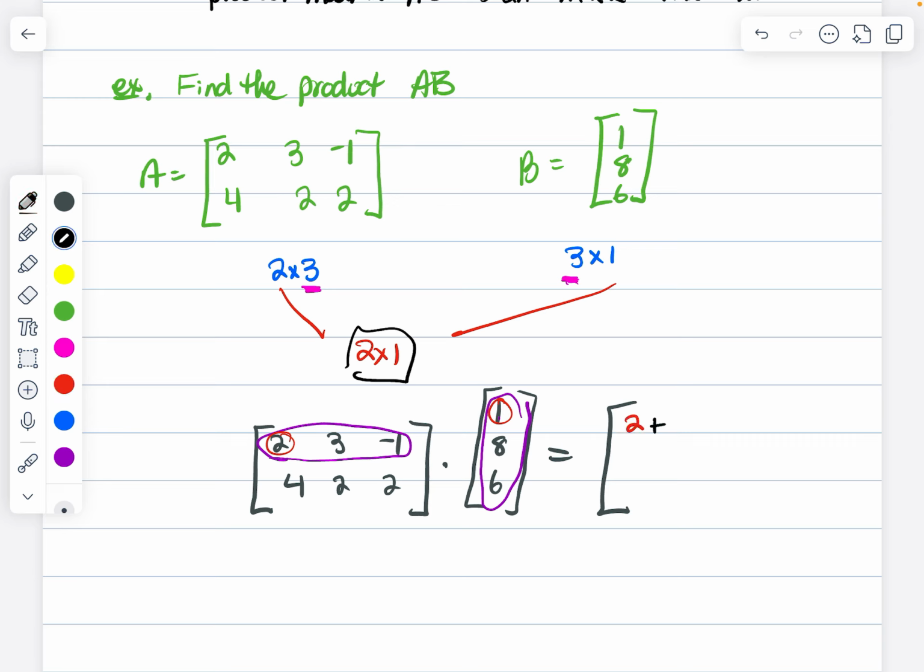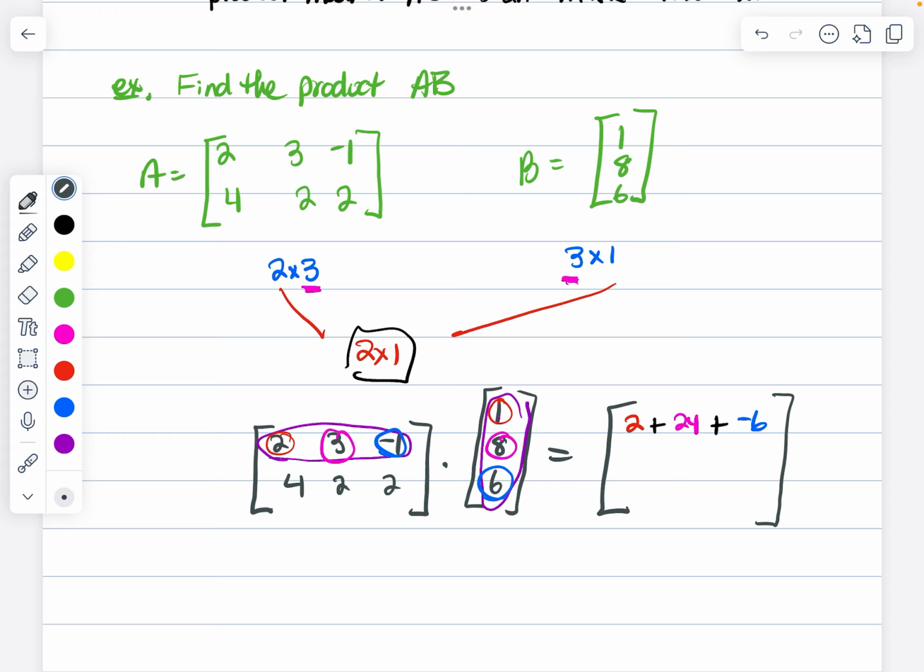And we're going to add that to now 3 times 8, which we know is 24. And we're going to add that now to negative 1 times 6, which we know is negative 6. That's how this goes. And we're done because we are at the last element in the row and the last element of the column. So now that's the first row, first column, and we have that right here.